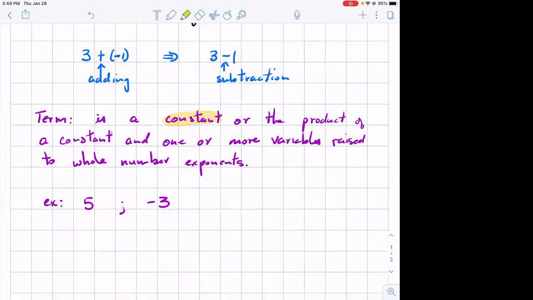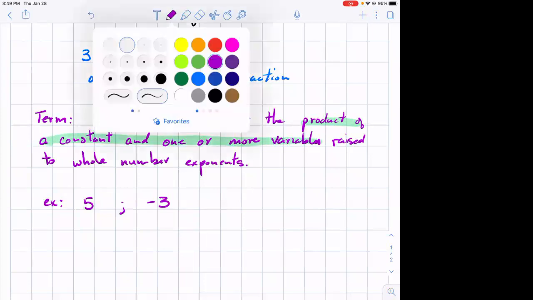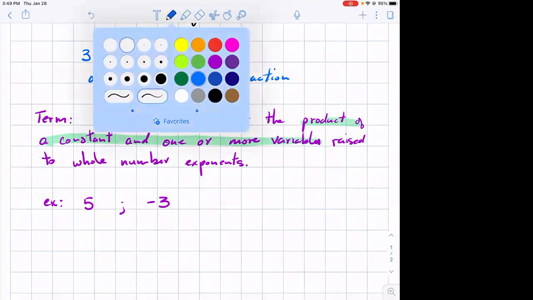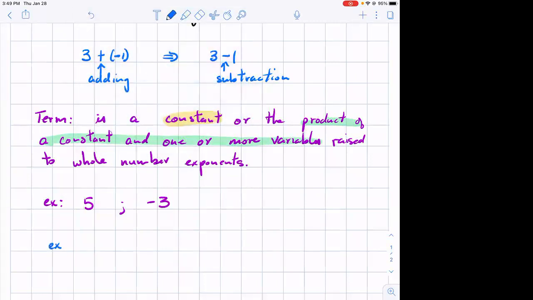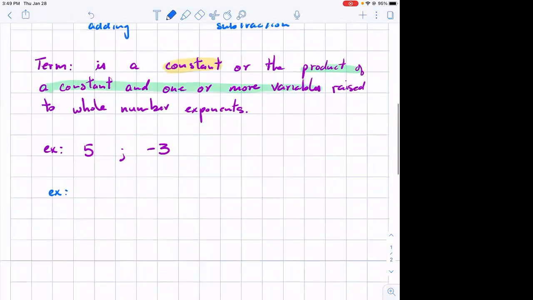Now, when we talk about the product of a constant and one or more variables, the product. So what we can think of this as, for example, a constant times a variable, because the times means product, right?